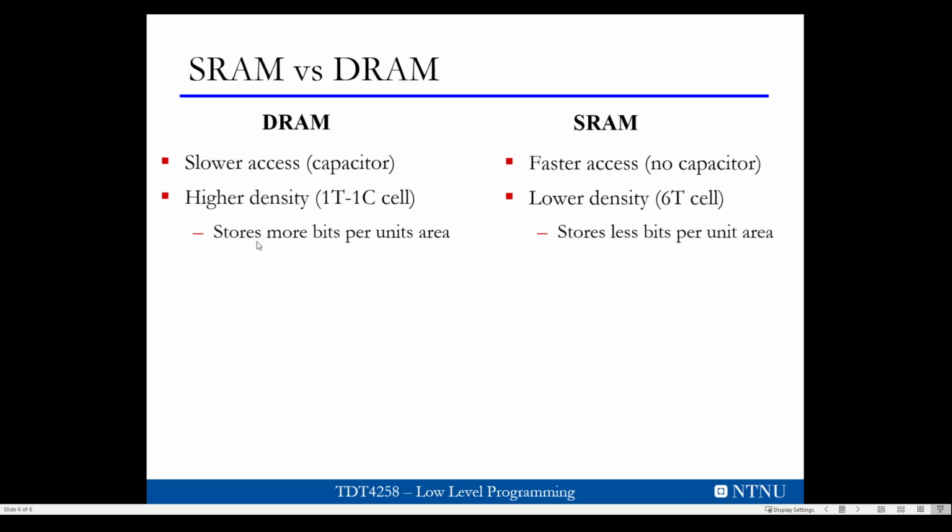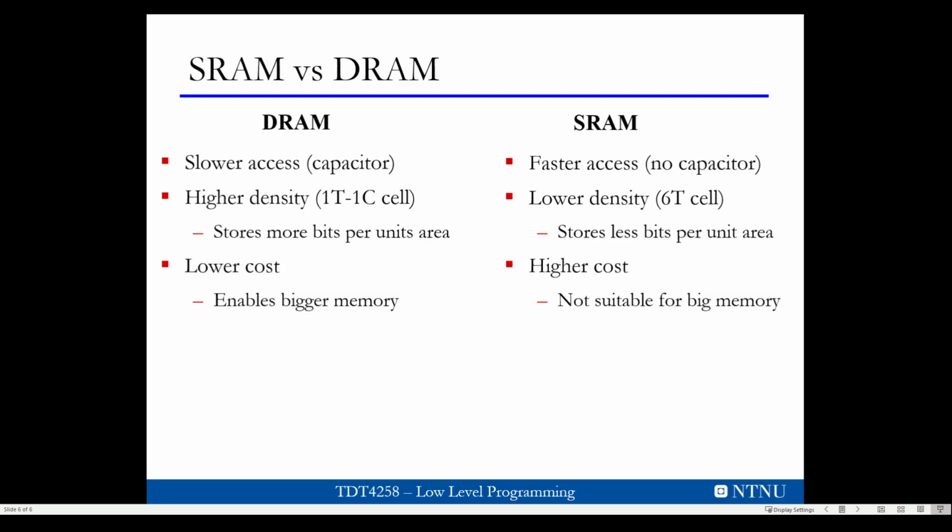Therefore, in a given area, we can store more bits. SRAM, on the other hand, provides lower density because it needs 6 transistors to store one bit, which means we can store fewer bits in a given amount of area. Cost-wise, DRAM provides lower cost, which means for a given amount of money, we can have more bits in our memory. And SRAM is higher cost because of the process technology that is used to build SRAM. So it is not suitable for building big memories, only for small ones.